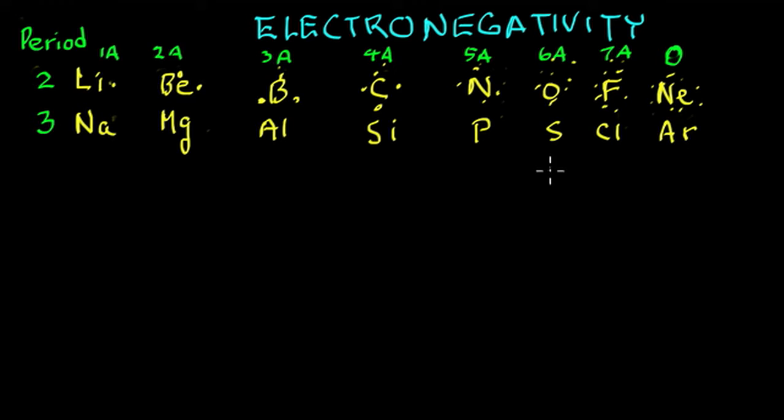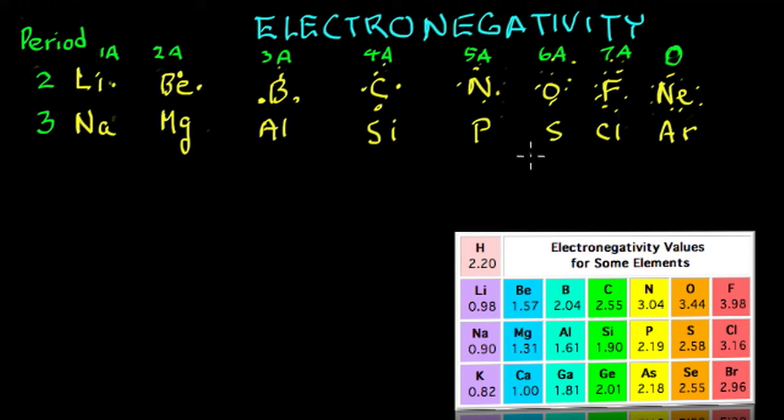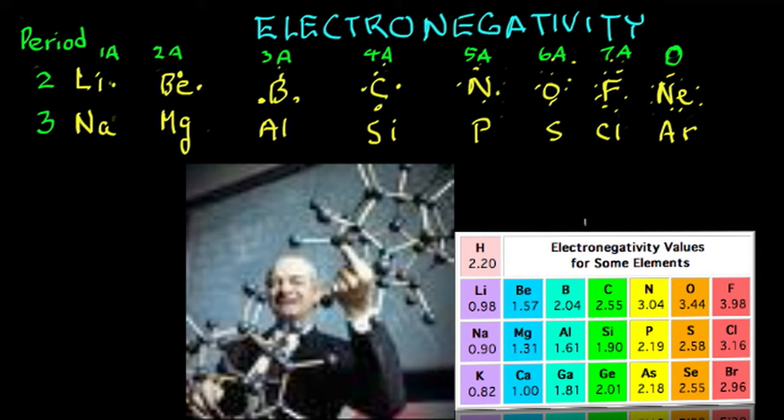The electronegativity chart that we're putting up right here was developed by another great American chemist by the name of Linus Pauling in the 30s. And Linus Pauling is the only person who won, individually I should say, 2 Nobel Prizes. One in chemistry and one in peace efforts.